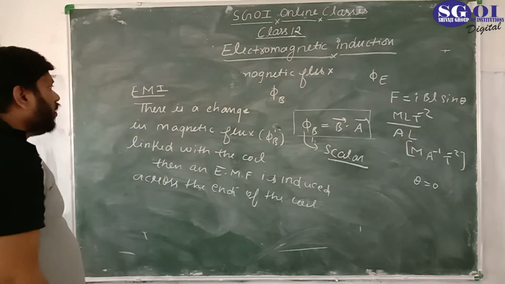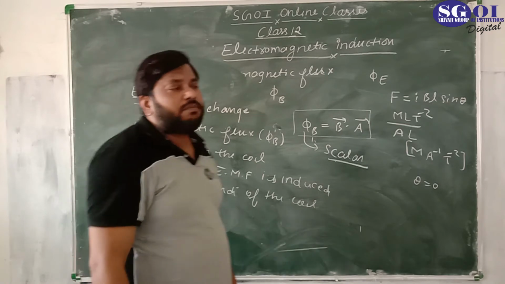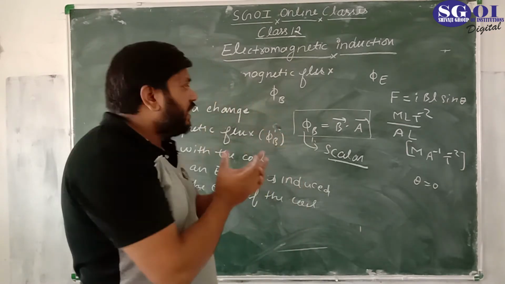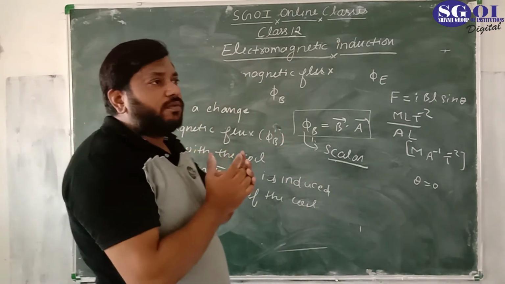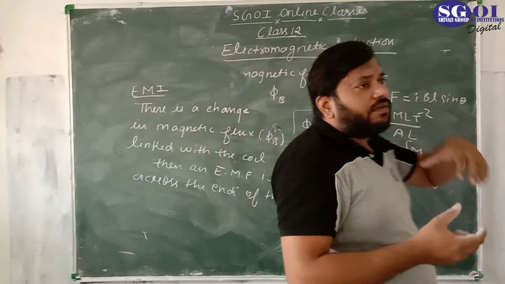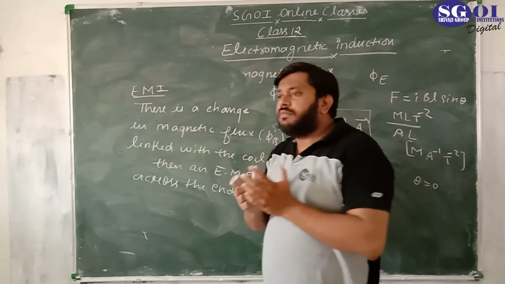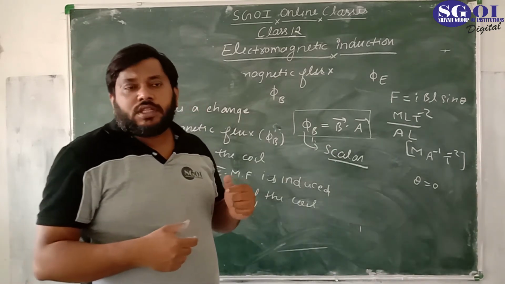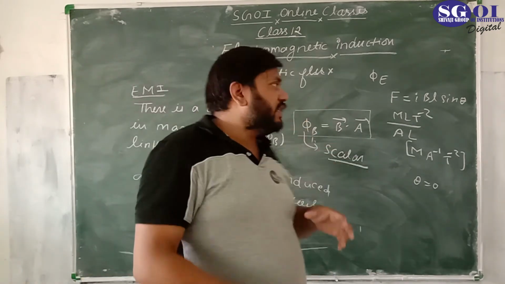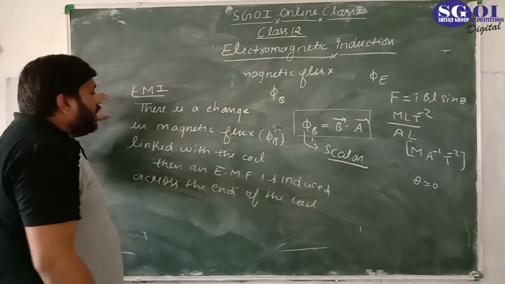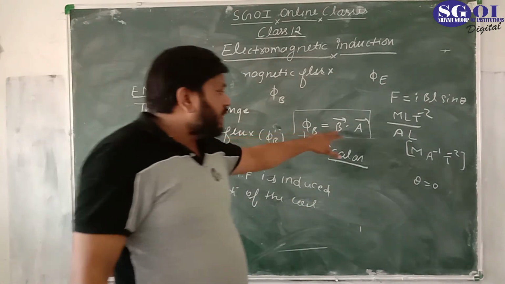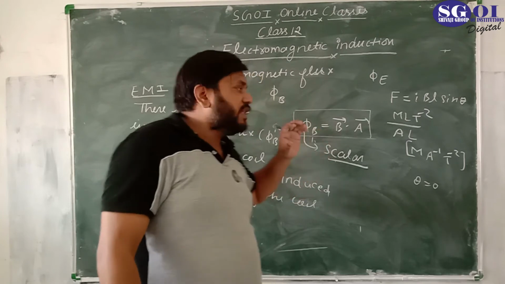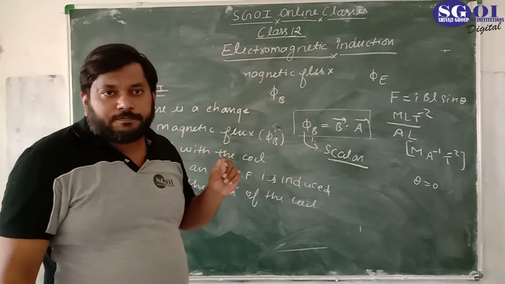So the concept of electromagnetic induction is simply that a changing magnetic field, because if the magnetic field is changing with respect to time, then that flux would also change with respect to time. The number of lines would start changing. It means if B, the magnetic flux density, is changing, phi B is also changing.